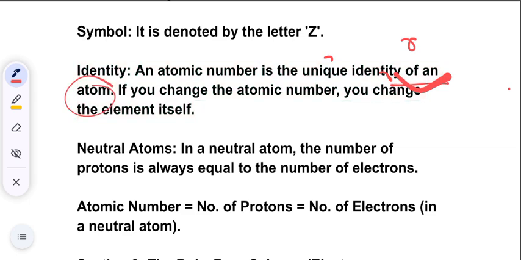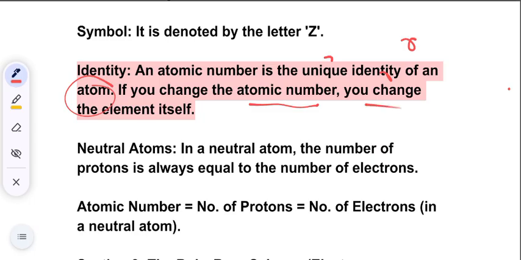Atomic number is a kind of unique identity of an atom. If you change the atomic number, you change the element itself. I explained this to you. So this is the importance of atomic number.